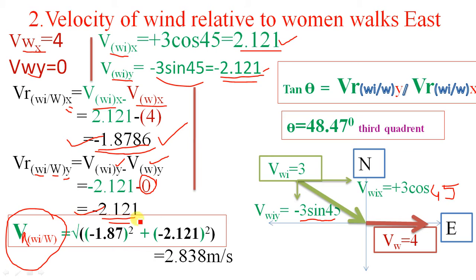By substituting in the formula, you will get the relative velocity of wind with respect to woman, that is 2.838, and it is in the third quadrant.